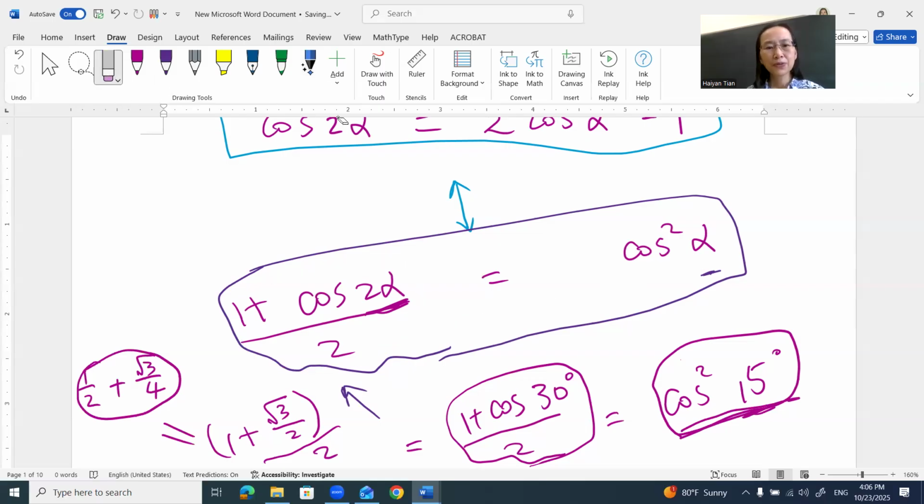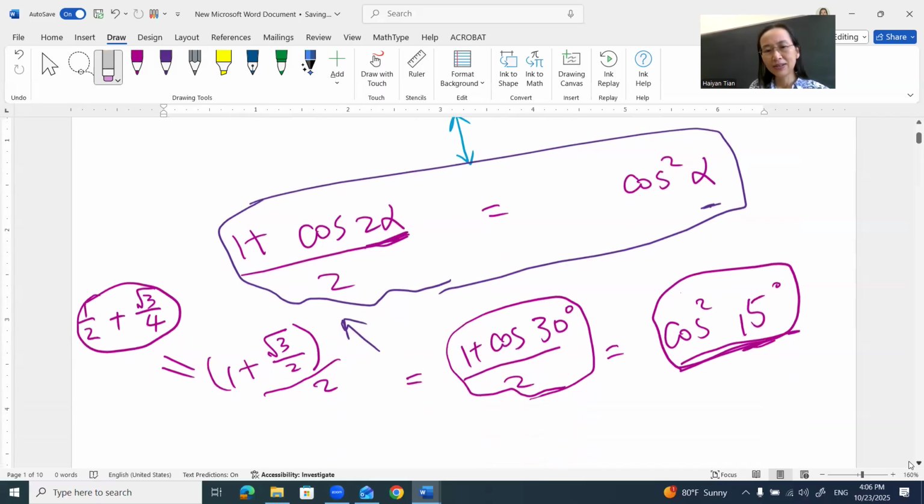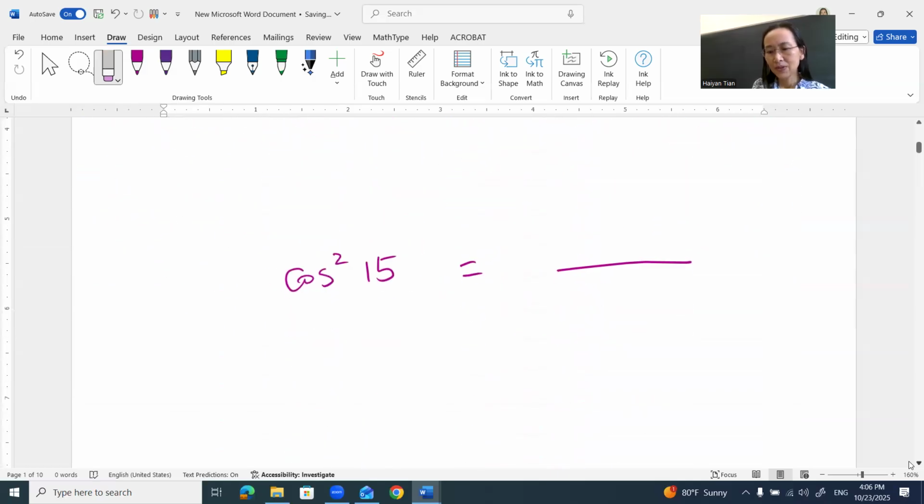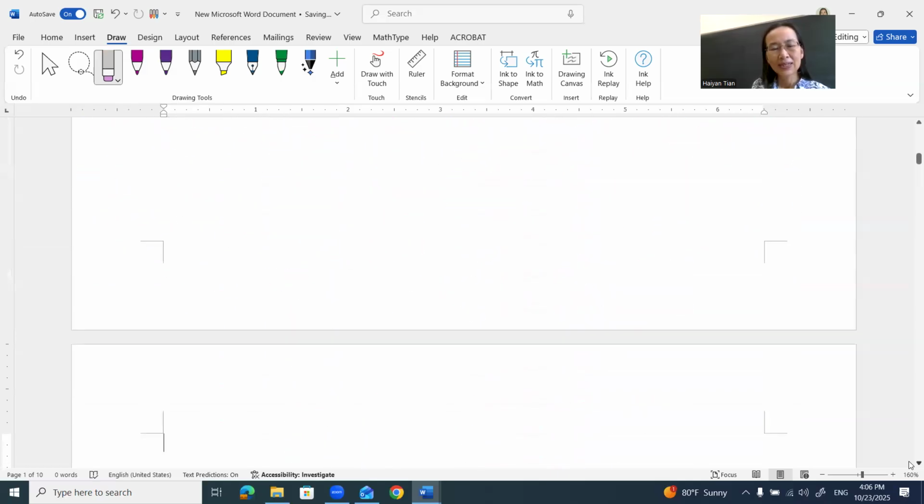Now, after you use it once, let's try to look at a problem. What if I have cosine to the fourth power of 15 degrees?